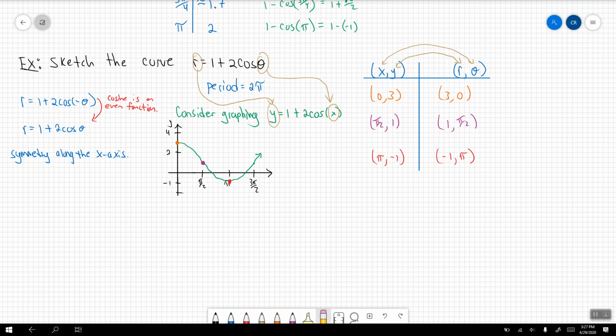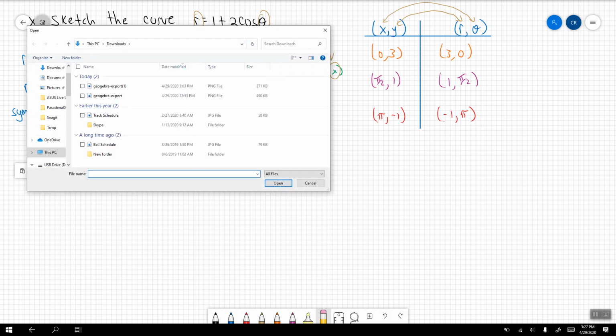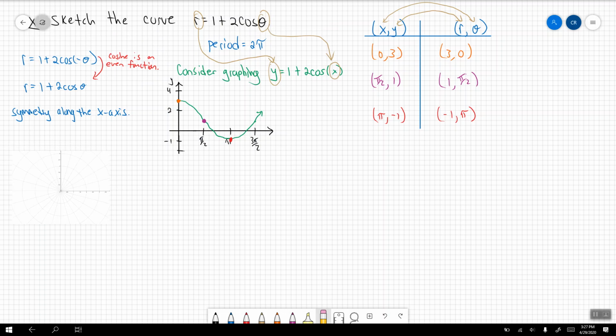Nice. So let's go start graphing this and see how this is going to turn out, to see what we actually get. All right, so I'm going to come through here and put the grid on here. Let's get the grid going, and that was under the Geogebra export here. Nice.